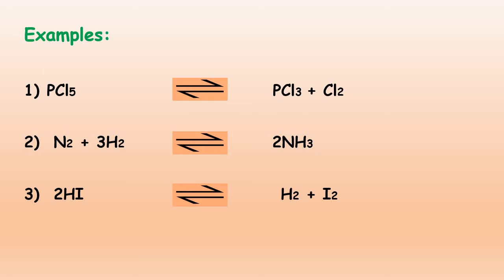Now these are very important examples of the reversible reaction. Phosphorus pentachloride can be converted into phosphorus trichloride and chlorine gas. This we can say is the forward reaction, right?